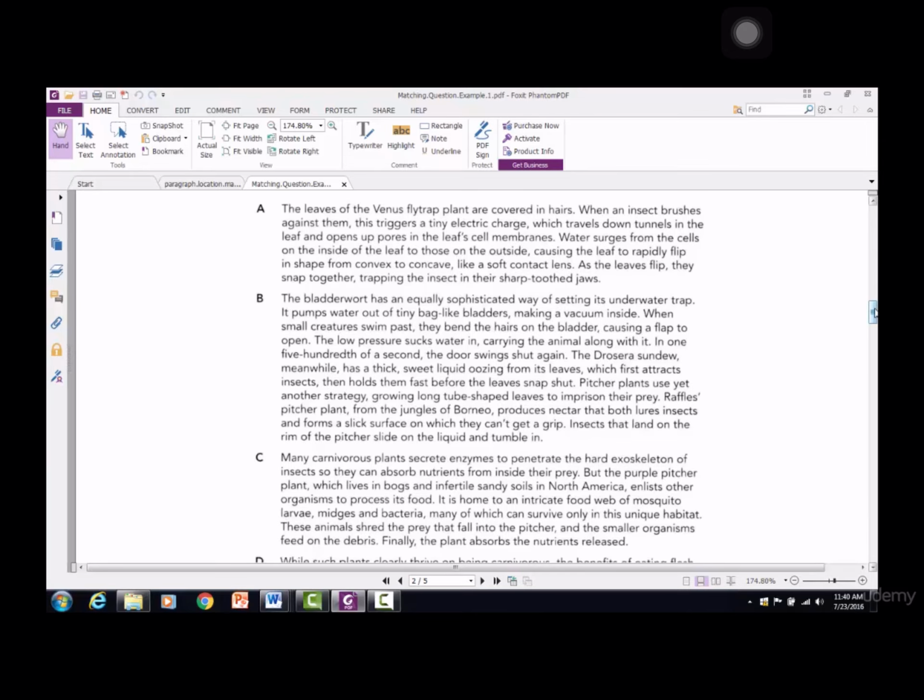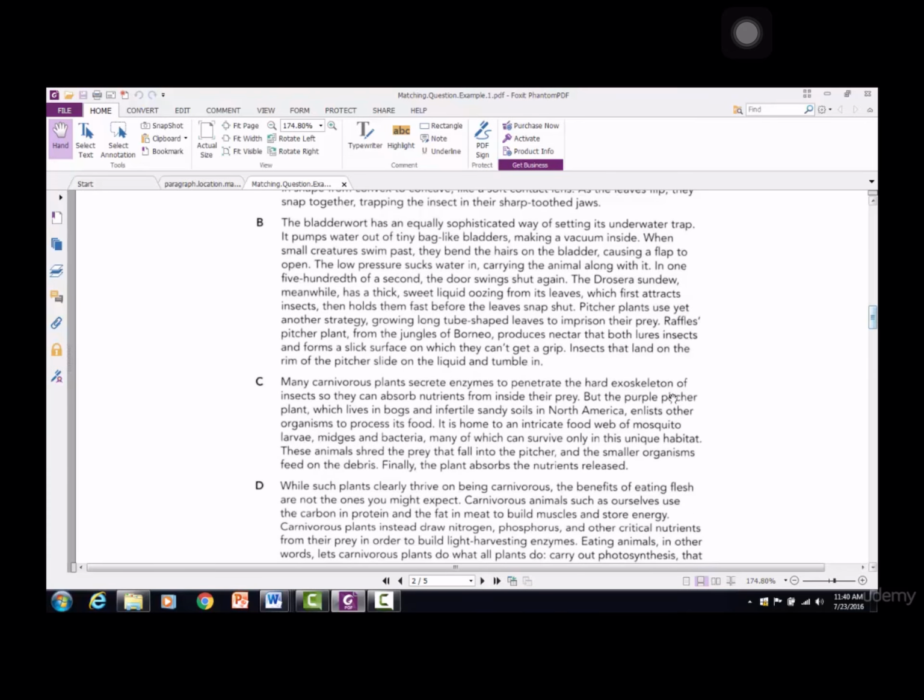Now let's look at where it talks about the purple pitcher plant. I'm in paragraph C, second sentence. But the purple pitcher plant, which lives in bogs and infertile sandy soils in North America, enlists other organisms to process its food. Okay, so again we see this answer also.